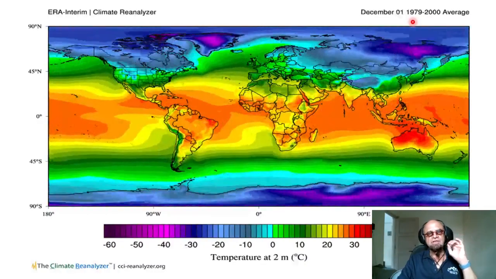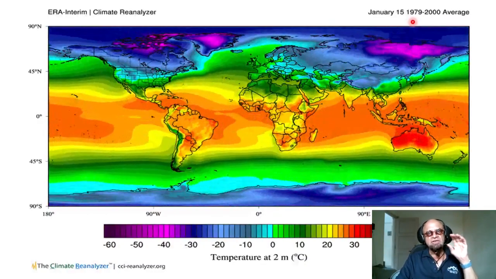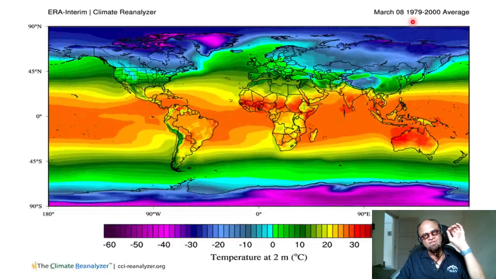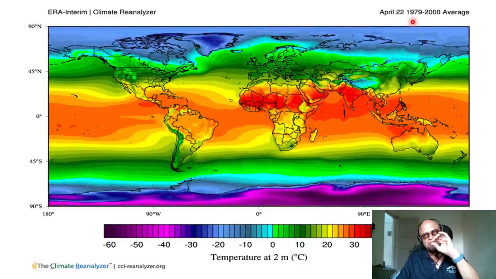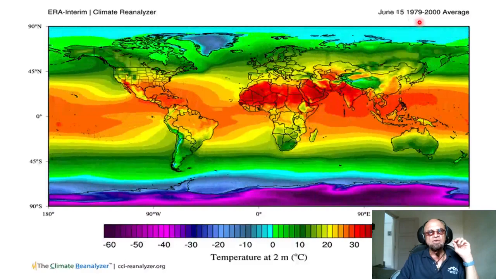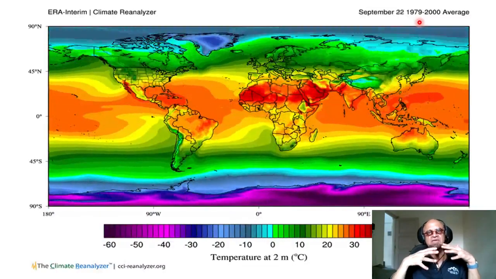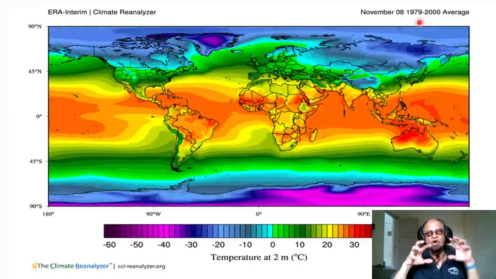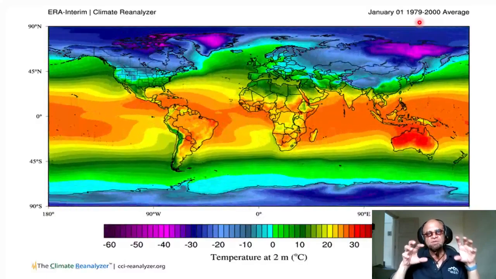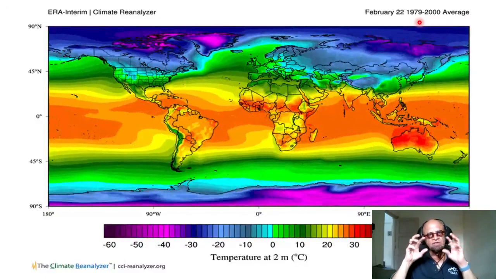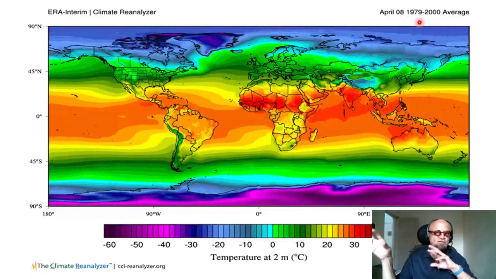I think you already learned what it means. So if you take the first week of January for each year from 1979 to 2000 and make the average temperature, that would be the climatology of the first week of January, and similarly you do it for the second week, third week, every week of the year.